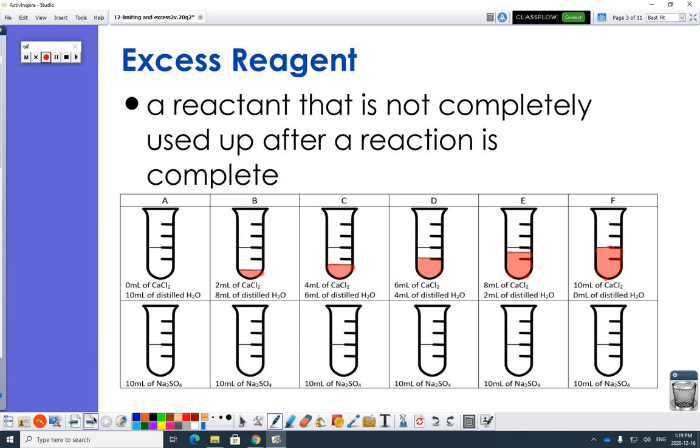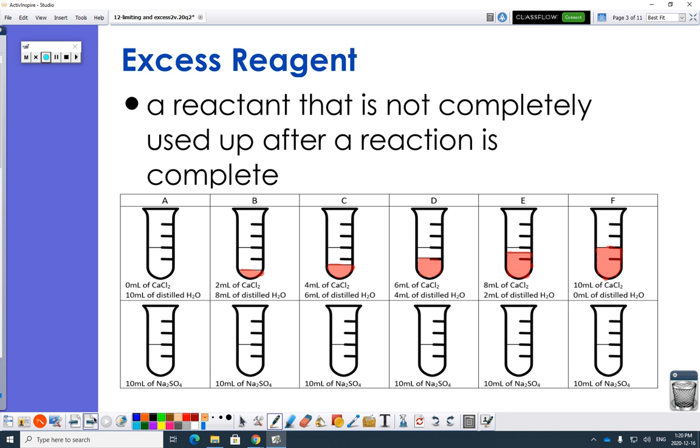Sometimes we do a lab just to get you to visually think about a limiting reagent. We have a control here, water and solution, nothing happens. This is double displacement, calcium chloride mixing with sodium sulfate.